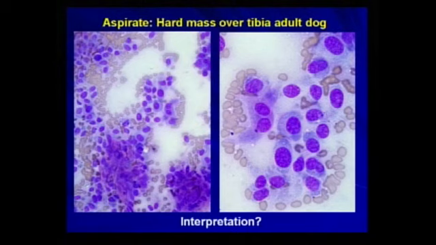We are looking at an aspirate of a mass over the tibia of an adult dog, and these are all cases that came in to the AFIP. Many are from either privately owned animals or military working dogs, and this was a military working dog with a large mass over the tibia. Are there neutrophils? No, they're not neutrophils. Okay, these cells, there are clusters of cells which are occasionally spindled.